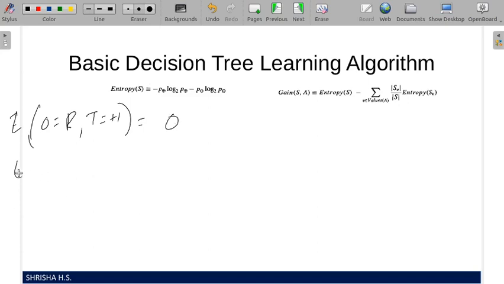Entropy where outlook equal to rain and temperature equal to mild.